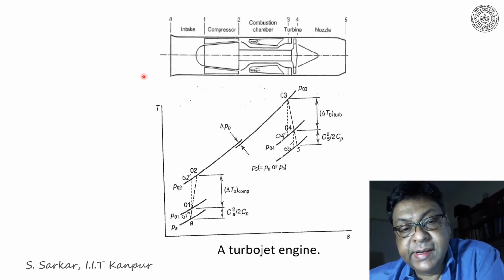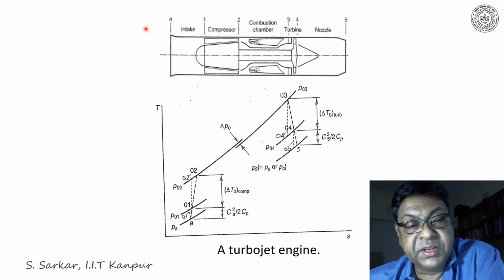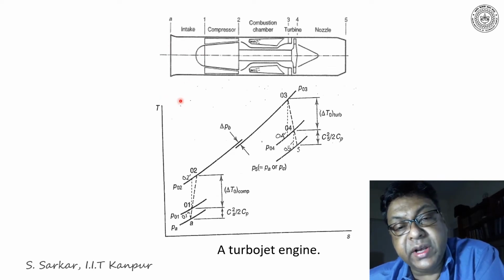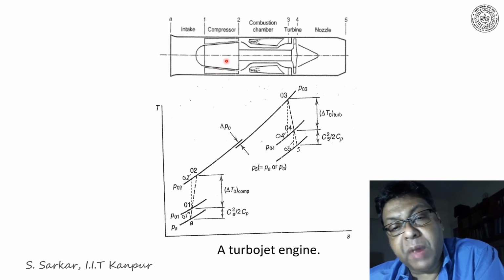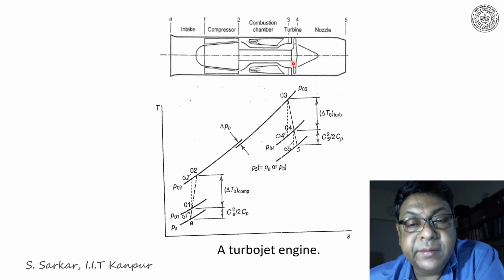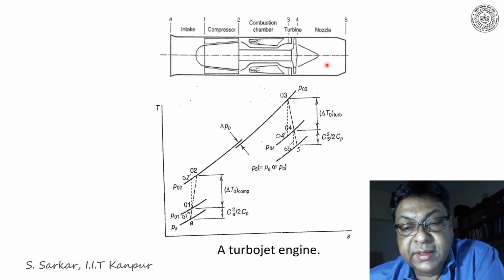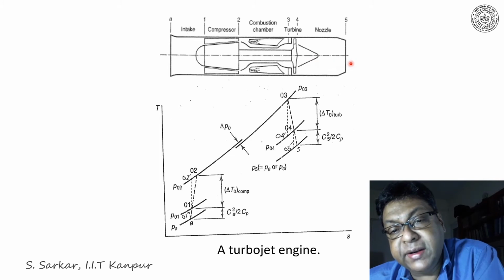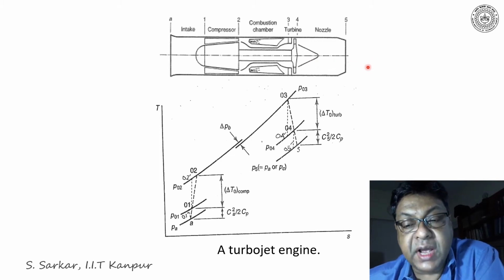I have illustrated here the schematic of a turbojet engine, and the operating principle has been illustrated in the TS diagram, where the section A1 indicates the intake, followed by the compression and then the combustion chamber, turbine, and finally the gas is expanded in the nozzle, producing thrust.